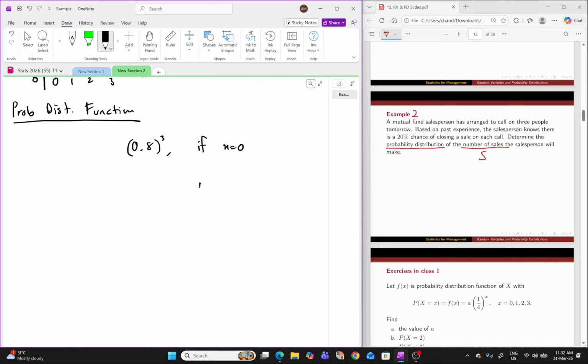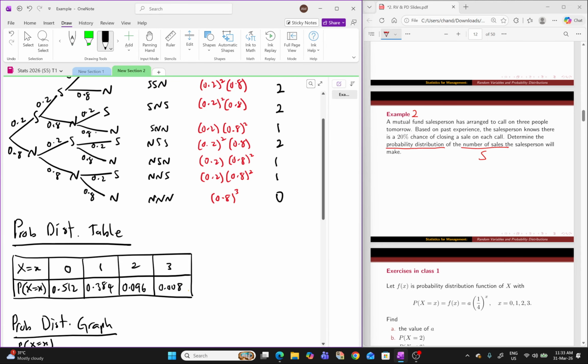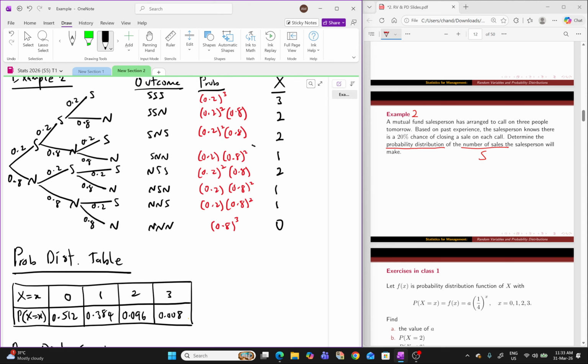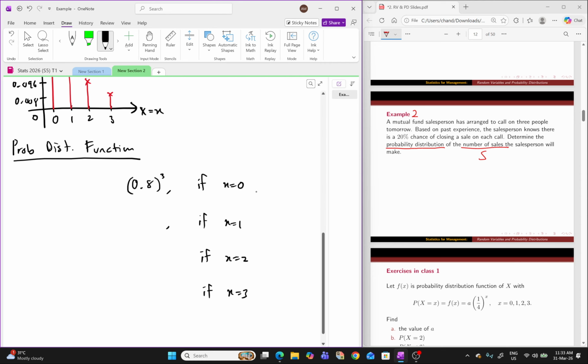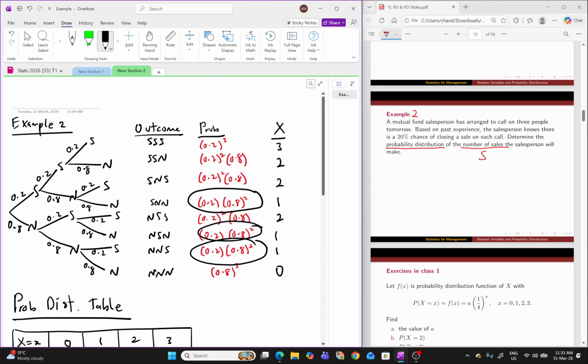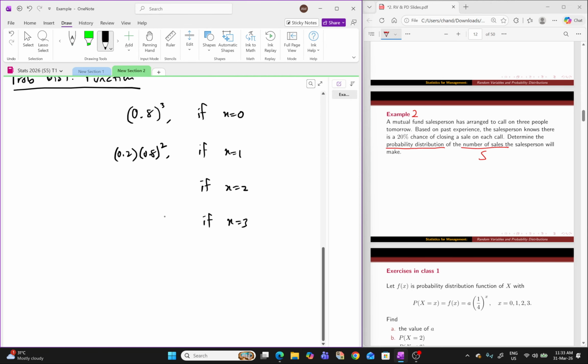So like that we are going to see if x equal to 1, if x equal to 2, if x equal to 3. Now if x equal to 1, the pattern is like this: 0.2, 0.8, and there's a square there, if I'm not mistaken. But how many you multiply by 3 just now?